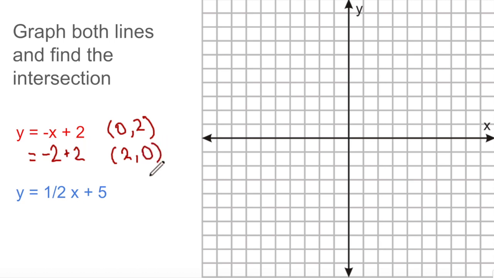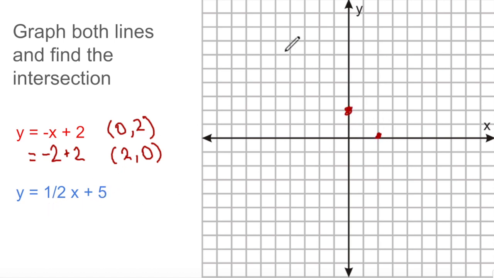So (2, 0). That's 2 points on that line. Let's go ahead and graph it. (0, 2) is here. And (2, 0) right here. So we got 2 points on that line.